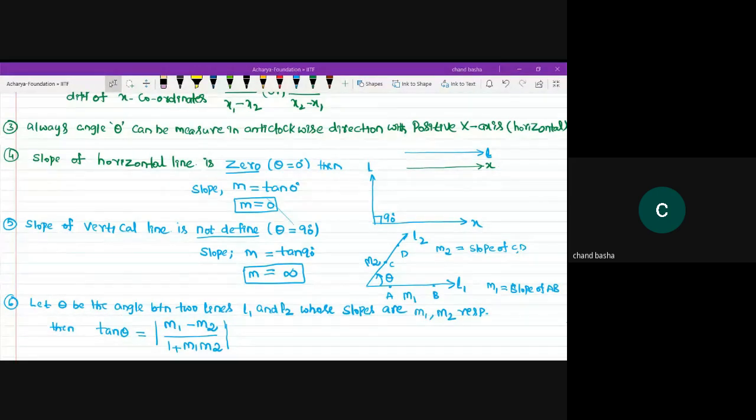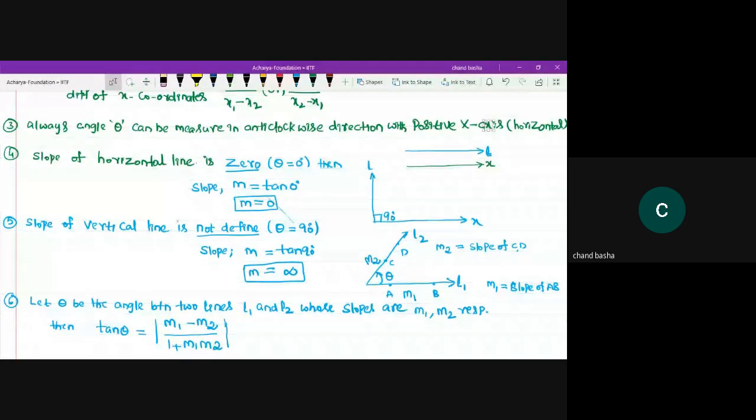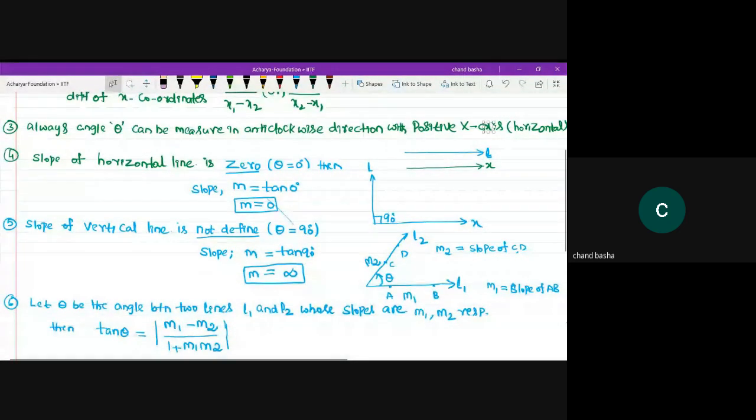Slope is the tan of the inclination, the angle made by the line. And the formula which I have given to you is not related to your trigonometry. In 11th standard, if it is necessary, we'll try to prove it. Is it clear? Any other doubts, guys?